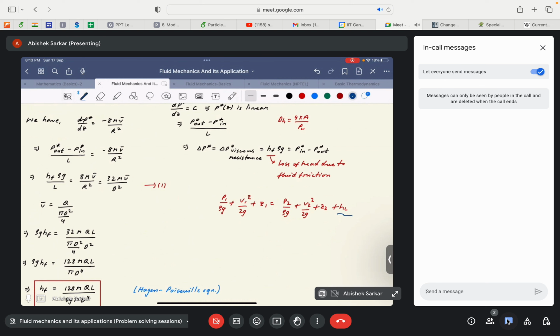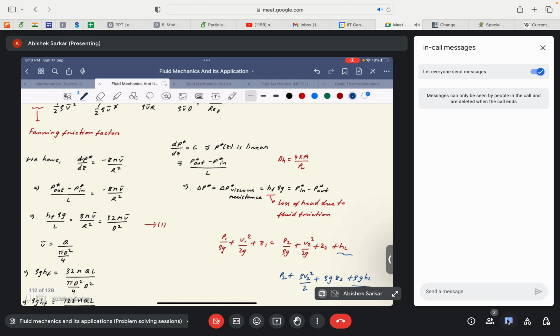So we'll get P2 plus rho V2 square by 2 plus rho g Z2 plus rho g HL. So this term represents the head loss in terms of pressure, and that's why we can equivalently write this pressure difference as HF rho g, where HF represents the head loss due to friction.